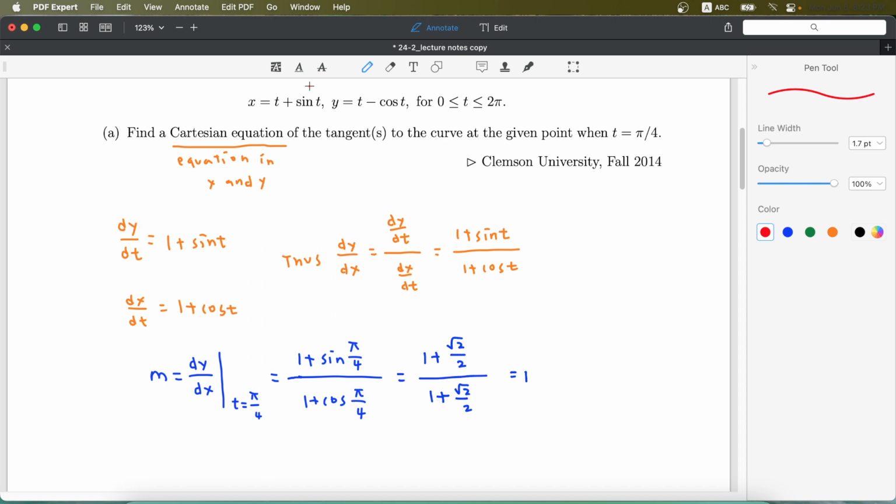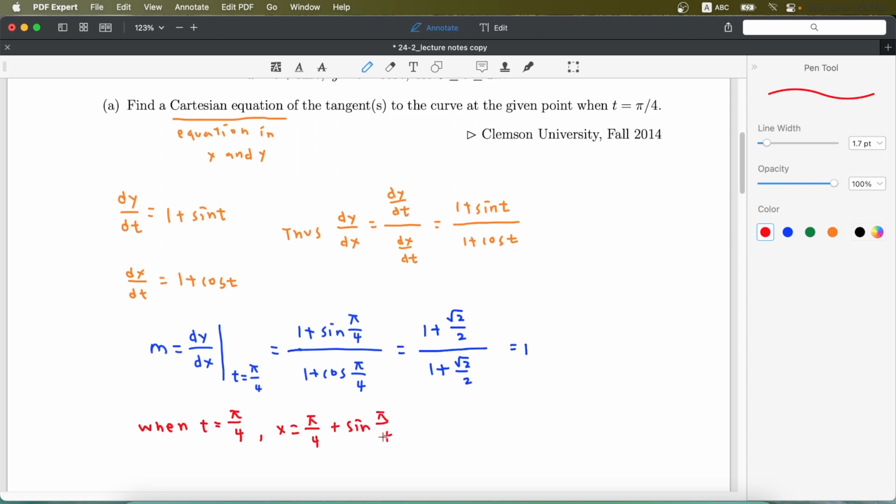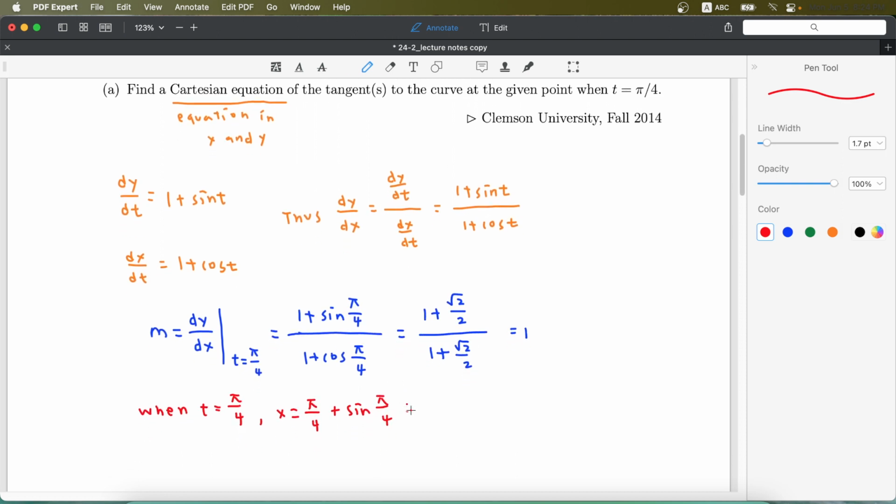So when t equals pi over 4, my x value is pi over 4 plus sine pi over 4, and this is just pi over 4 plus square root 2 over 2.